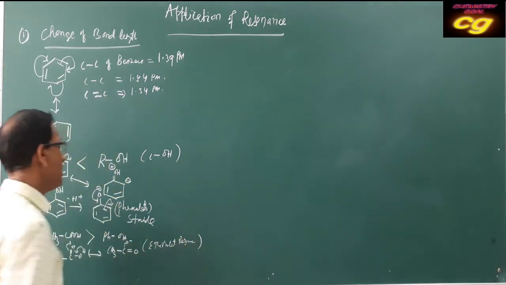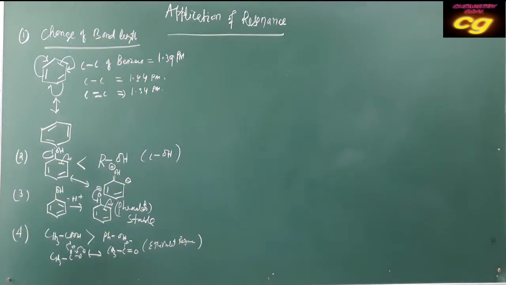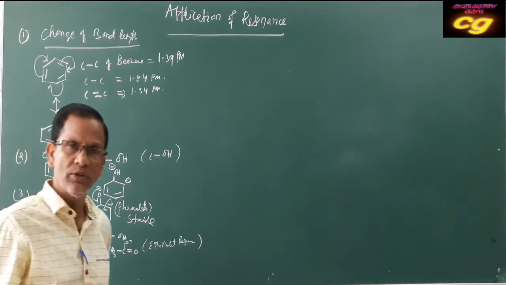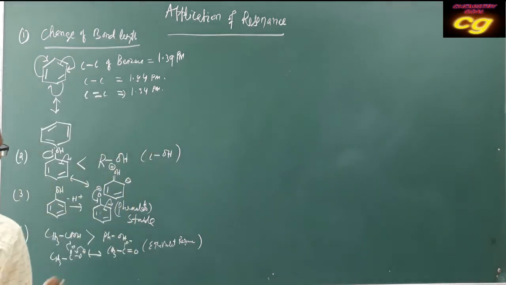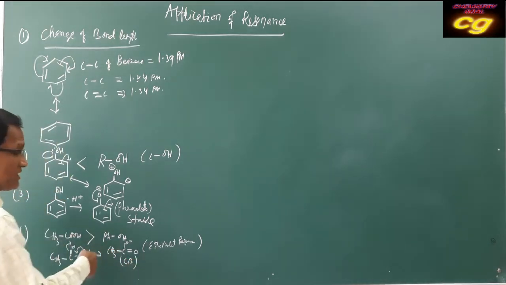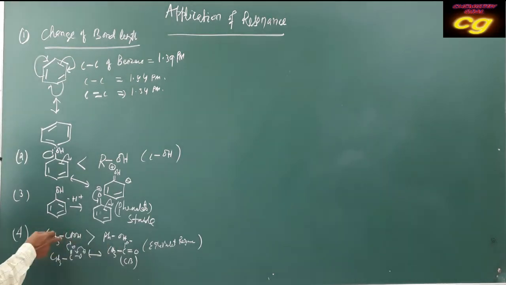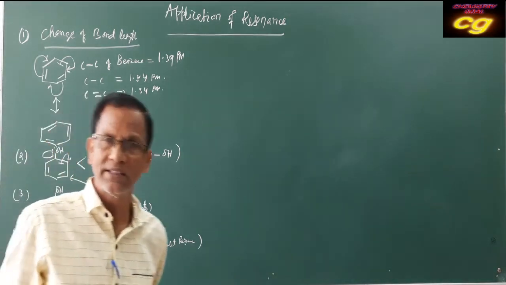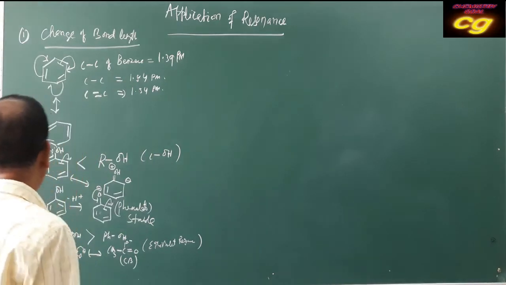Already we have discussed that if a molecule or ion has equivalent resonance, it is more stable. So the phenolate ion also has resonance after losing H plus, and acetic acid also forms the acetate ion. But the acetate ion is more stable than the phenolate ion, because if the conjugate base is more stable, then the parent acid is more acidic. The conjugate base of acetic acid, the acetate ion, is more stable than the phenolate ion. That's why acetic acid is more acidic than phenol. This is very important.